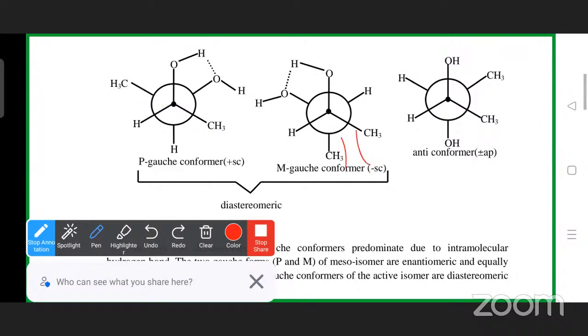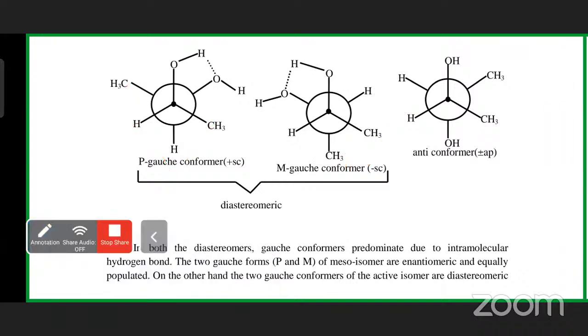They will suffer from steric repulsion. But here there is no steric repulsion because they are spatially separated. So this is more stable than this one. This is the stability order.